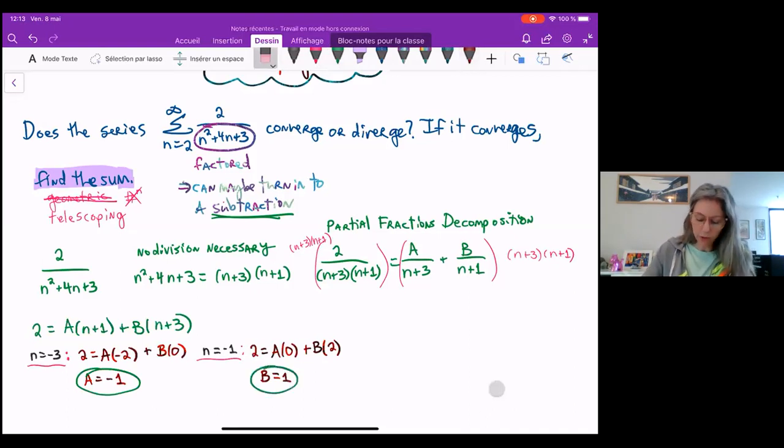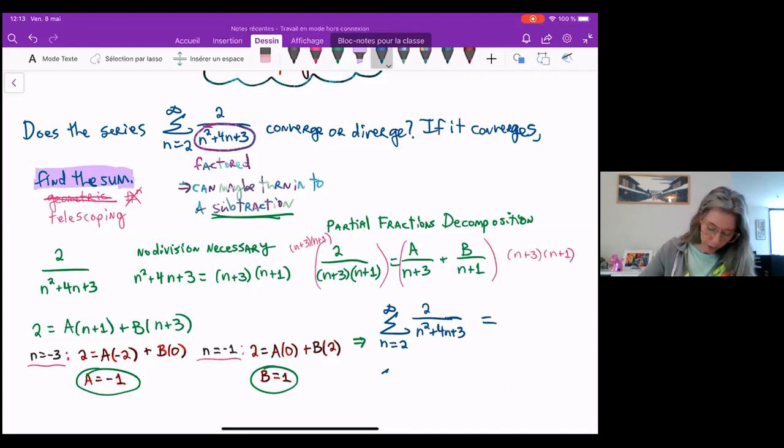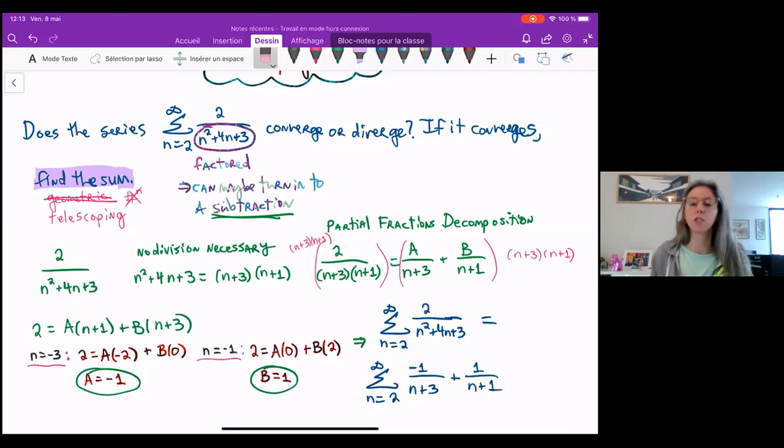Okay, so now we've solved for our numerators. So we can say that the original sum, n equals 2 to infinity, of 2 over n squared plus 4n plus 3 is equal to the sum from n equals 2 to infinity of -1 over n plus 3 plus 1 over n plus 1. Now I'm going to do something a little bit interesting here.